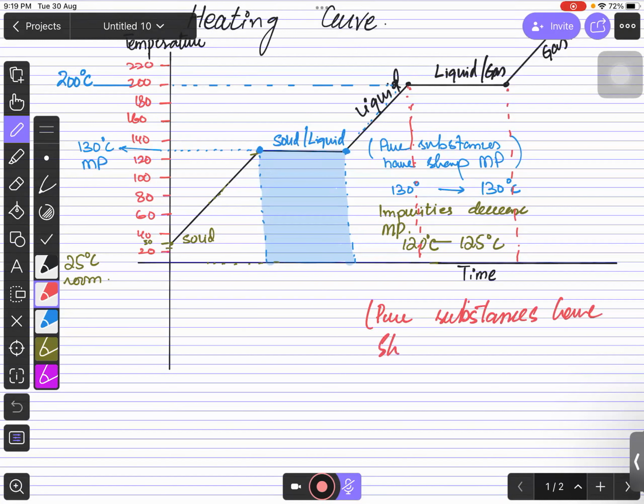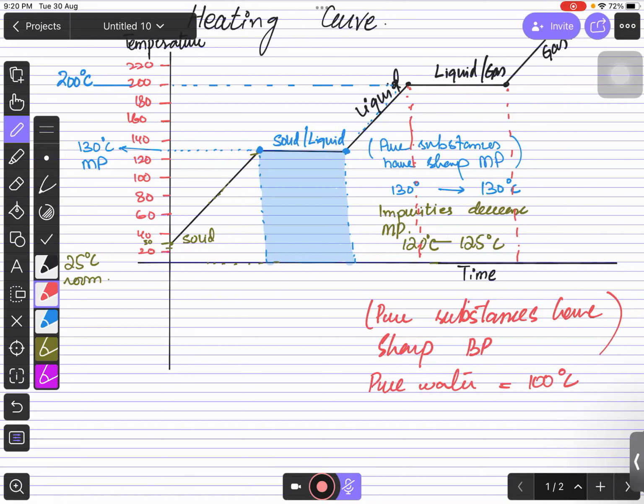Sharp means it will be fixed. For example, if you have pure water, it will have exactly 100 degrees centigrade boiling point. It starts boiling at 100 degrees centigrade, and all the water is evaporated and converted into the gaseous state at 100 degrees centigrade, right?